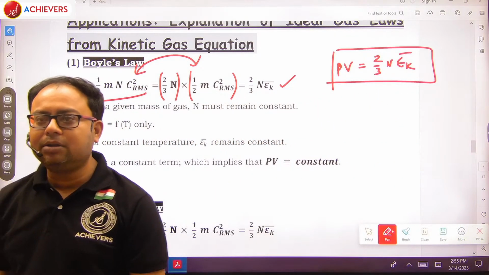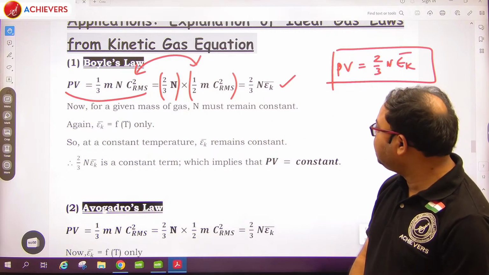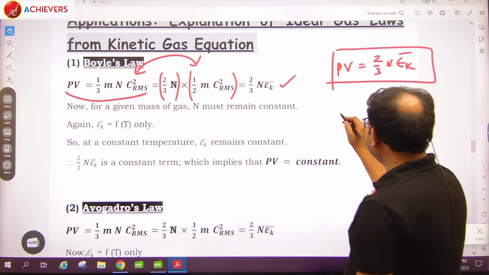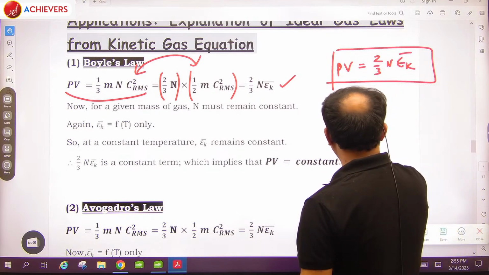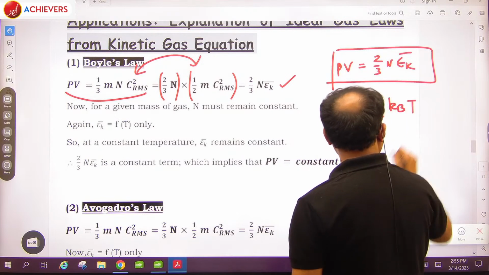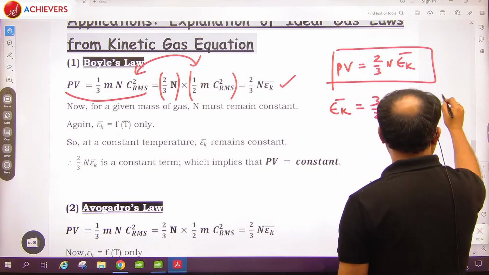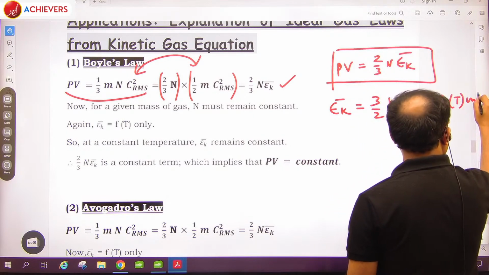What is the expression of epsilon k bar? It's 3/2 kBT. We have already found that. That means this epsilon k bar is a function of temperature only.